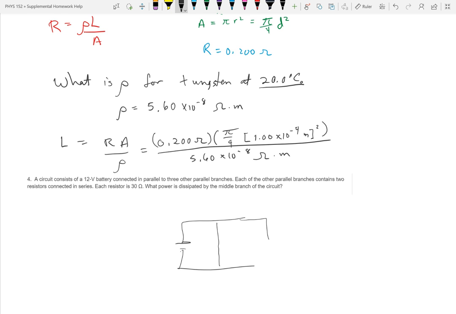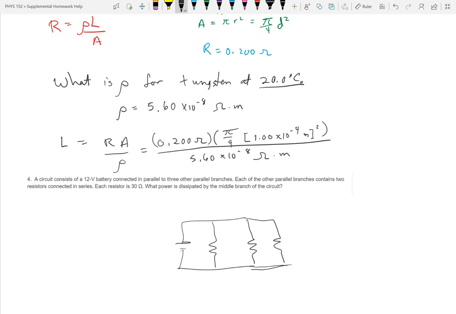In parallel. Something like that, I think.